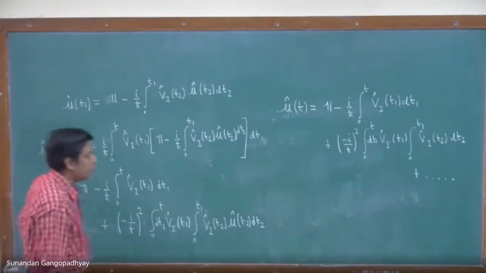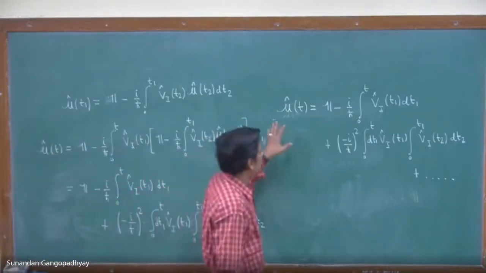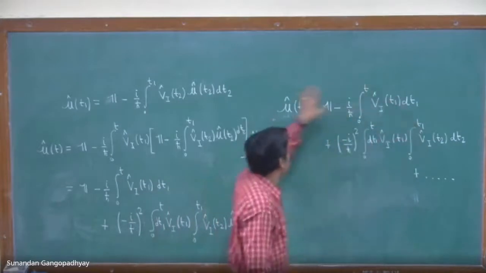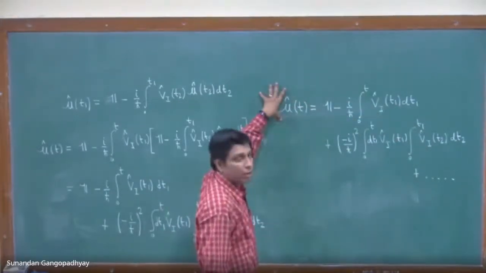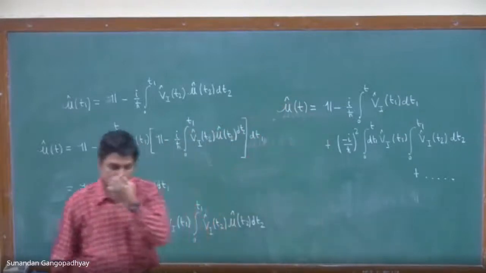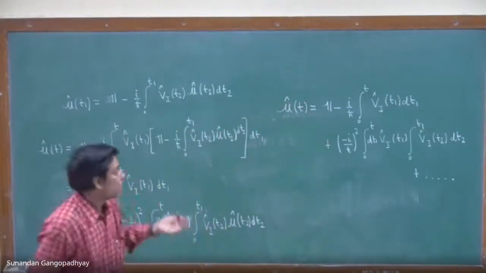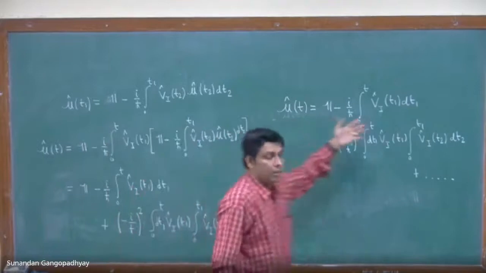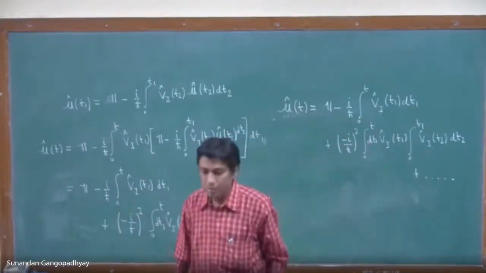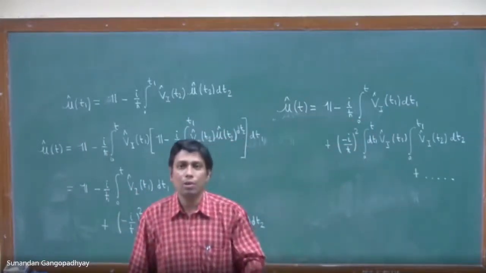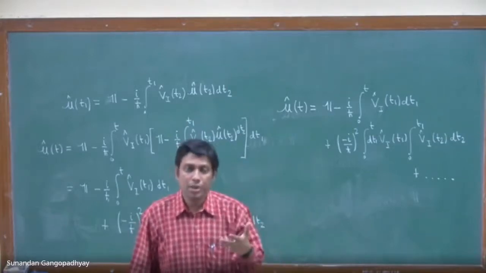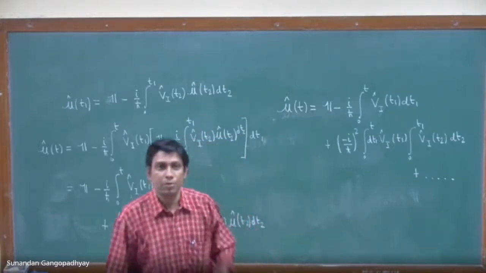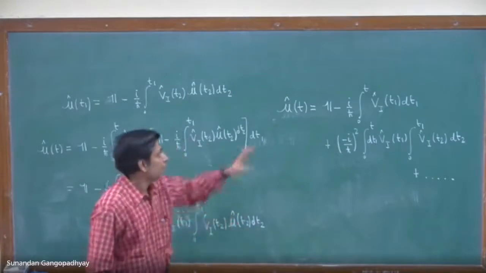We shall just treat this perturbative expansion for the evolution operator in a very formal way, and we shall try to use it in calculating physical quantities, for example, transition rates, cross sections, lifetimes of decay processes. We shall use this there.